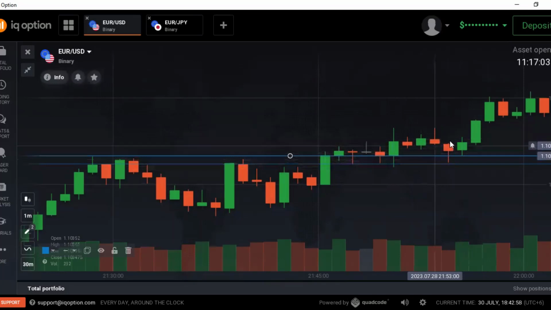These strong buyers decreased the sellers' volume as well as the sellers' body. That means sellers are very, very weak here right now. This sellers' volume is weak, and invisibly buyers' volume is high here, buyers are stronger here. So that's why the next candlestick is up.